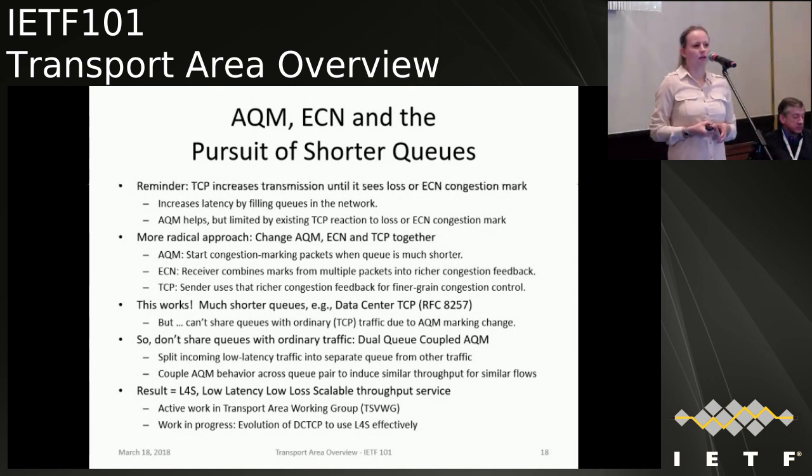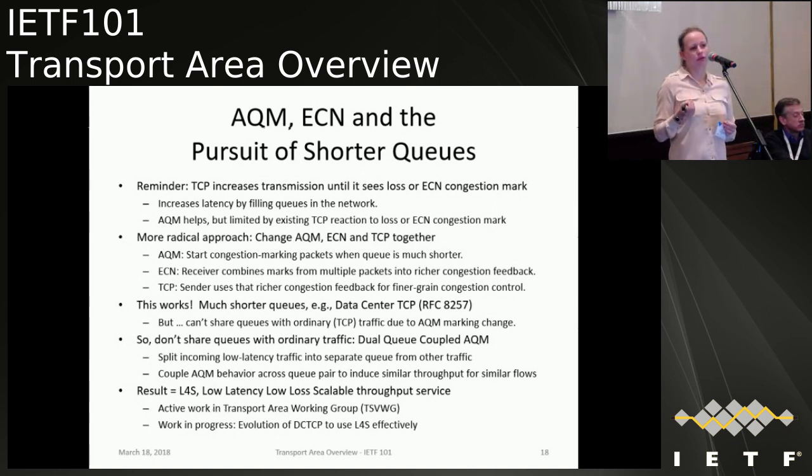What you need, however, if you send a different kind of feedback, is also a different reaction. There is this example of Data Center TCP that was doing exactly this. You provide a different kind of AQM in your data center, and you react differently to it, and both together optimize your network and use it more efficiently.